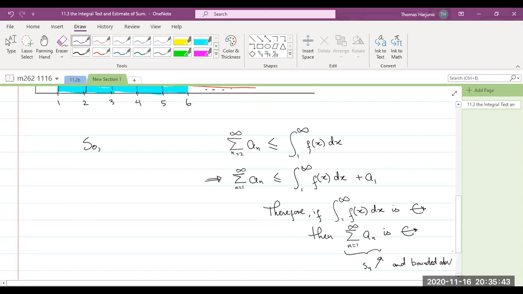Right? If a sequence is increasing and bounded above, then by the monotonic bounded theorem, that sequence is convergent, if you see the series as a sequence.